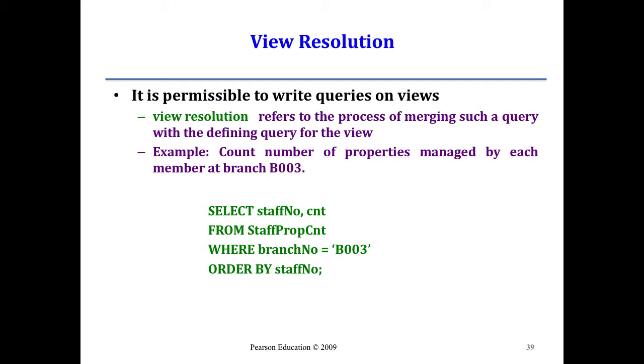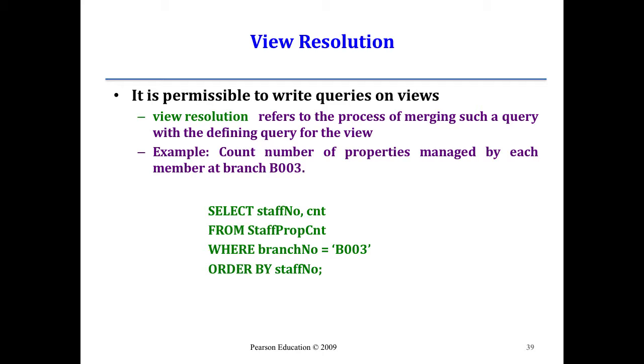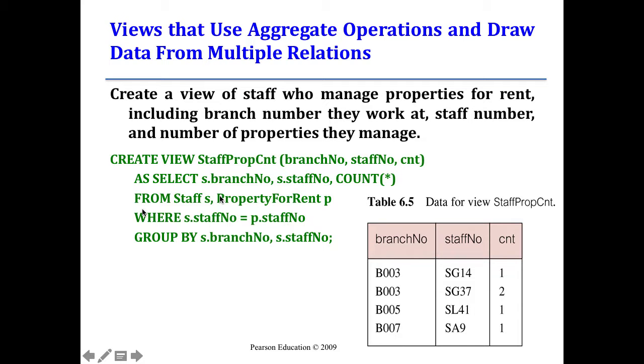So there's a procedure for doing this. You start with the column names in the select list, and you're going to translate them into their corresponding column names in the defining query. So here we were selecting staff number and count. And if you go back to look at the defining query, staff number maps to s.staff number, count maps to count star.